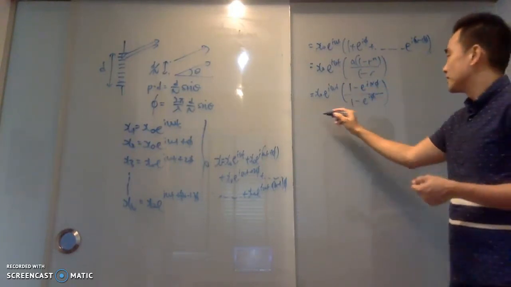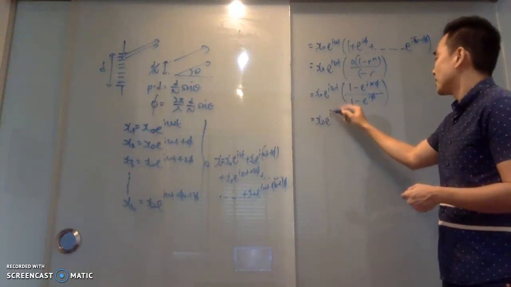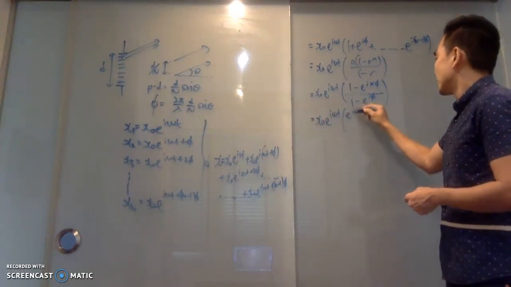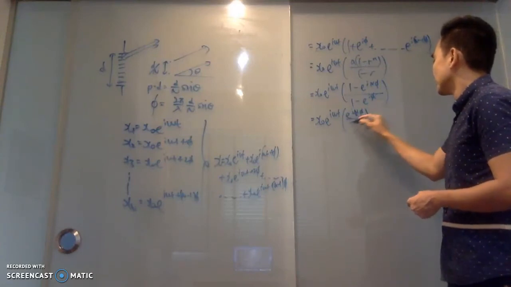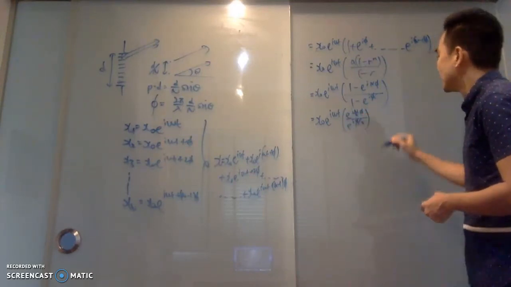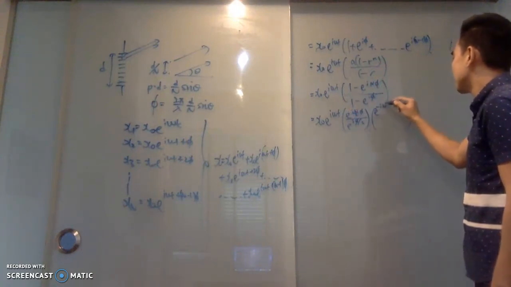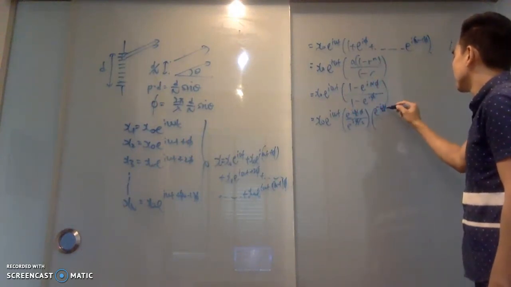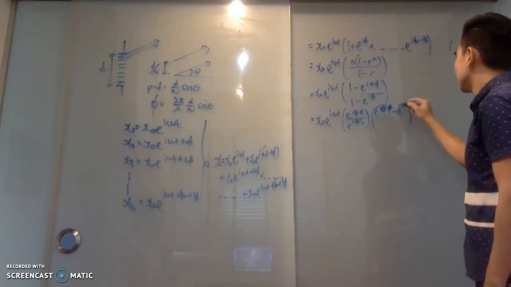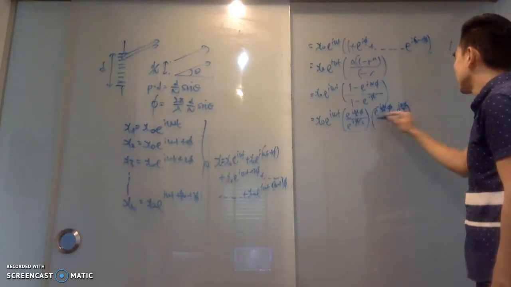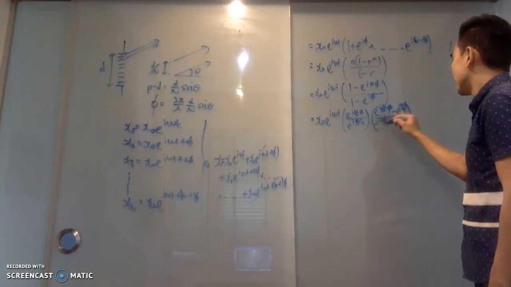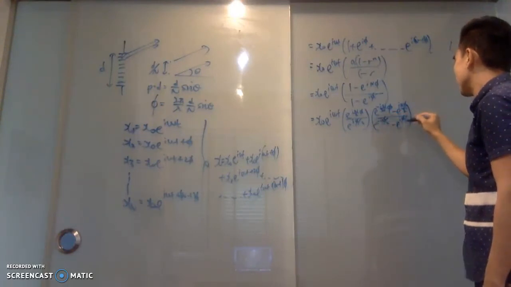And this is where I play a little bit of math magic. e^(iωt), e^(inφ/2), e^(iφ/2). I factorize these out from here, and this is going to be e^(−inφ/2) minus e^(inφ/2), divided by e^(−iφ/2) minus e^(iφ/2).